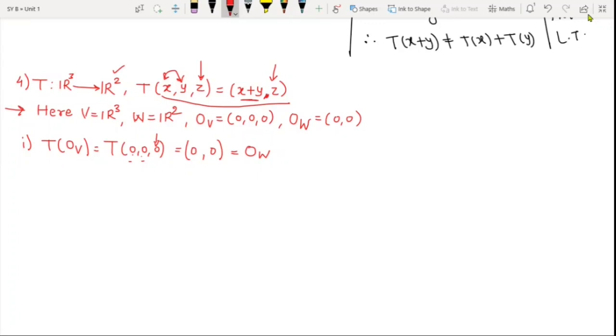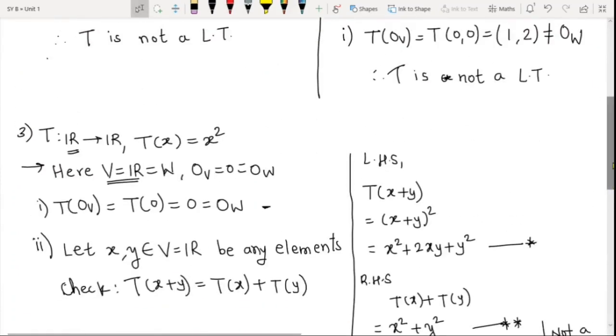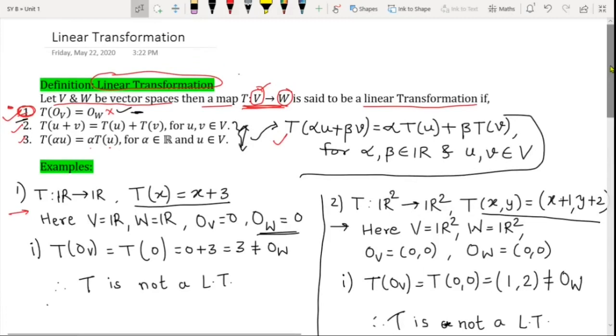So again, for that condition, if you observe properly, we need two elements of R and two elements of our vector space V. So let us do that.